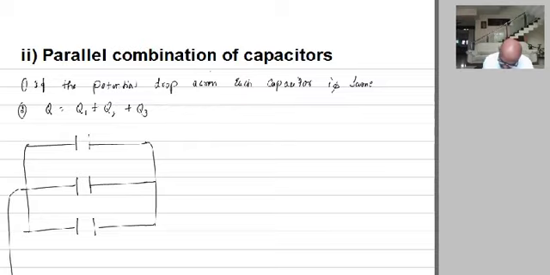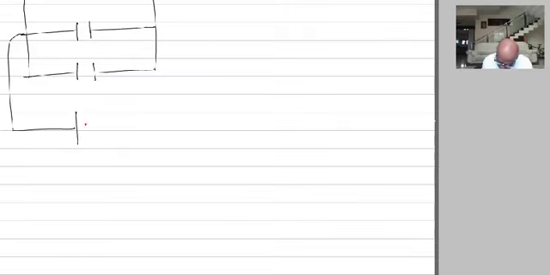Now take this, connect to a battery. This is a battery, do not confuse this with another capacitor. A battery is represented by one longer line and one shorter line, but a capacitor is represented by two parallel lines of same length.